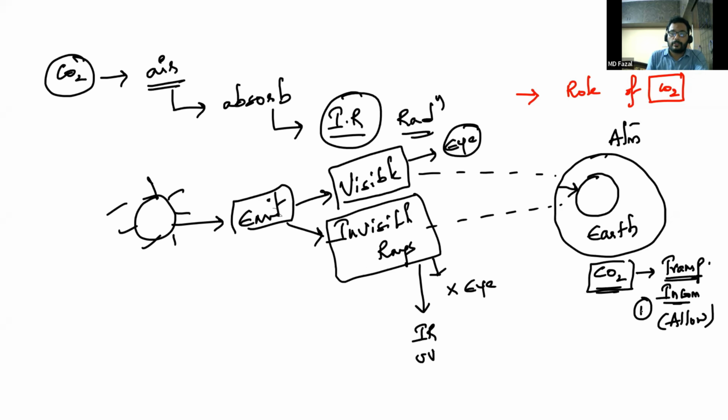This is the first point. Carbon dioxide acts as opaque to what is going out from the earth; it will stop it, or it will try to absorb it.